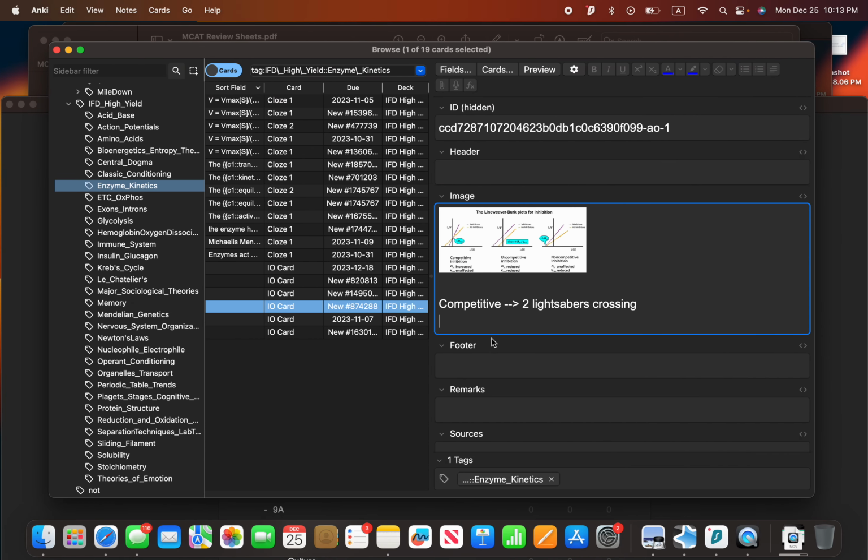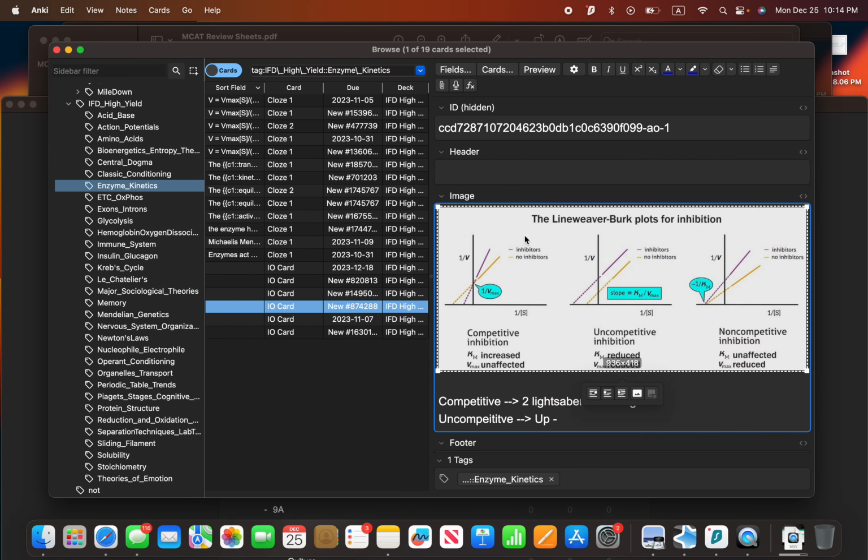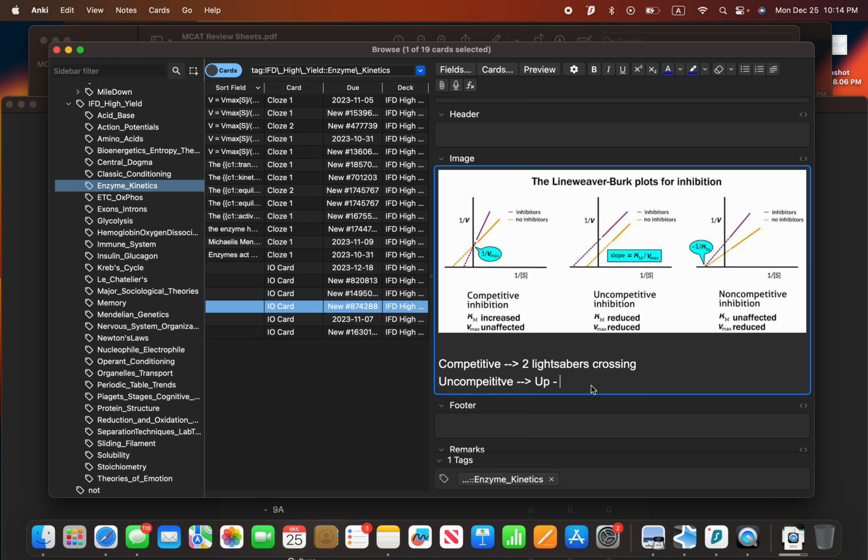It's always the inhibitor. On competitive, it's up. So inhibitor is the upper one, right? Shifts up.